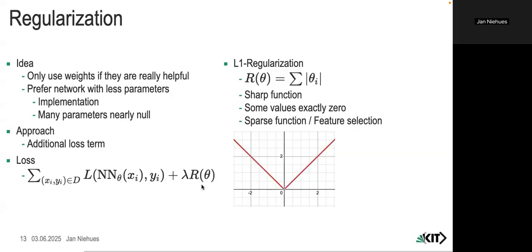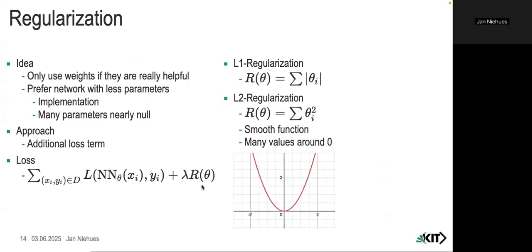So it doesn't matter if this parameter is around 1 or around 2 or around 0.2. If reducing this one affects your overall loss less, it will reduce this one. And therefore some of the parameters which are not useful will end up at zero, making it typically more of a feature selection thing, where in the end some really end up at zero.